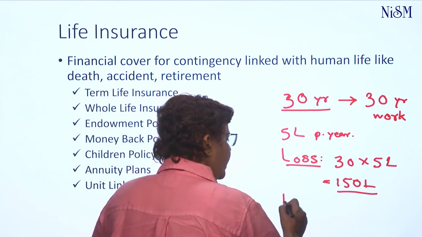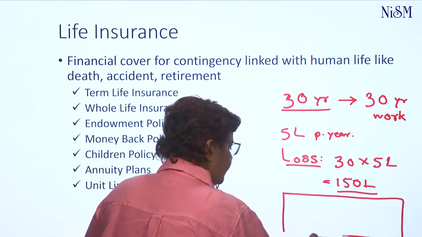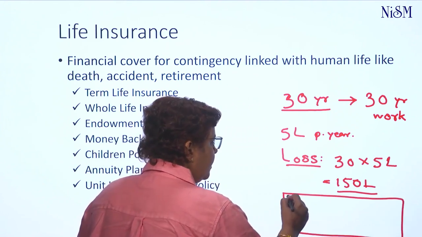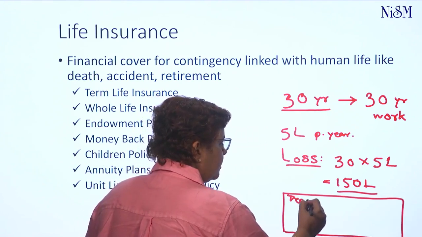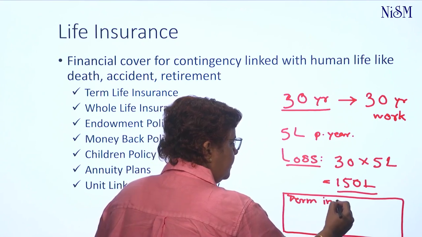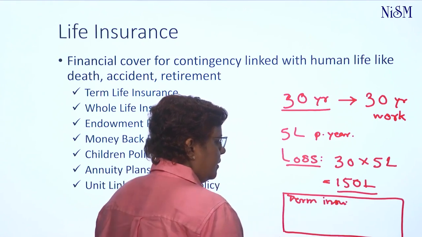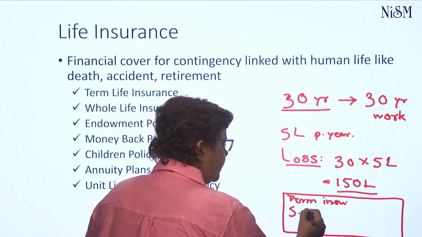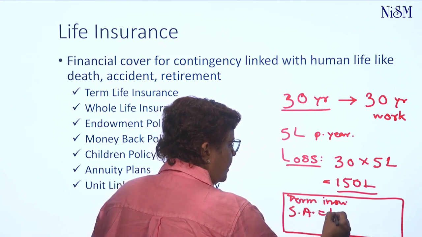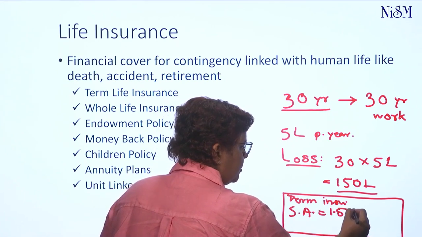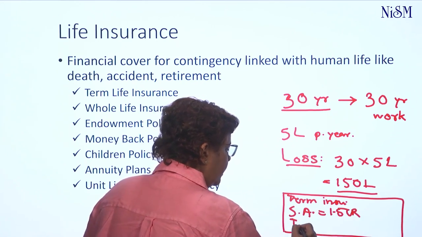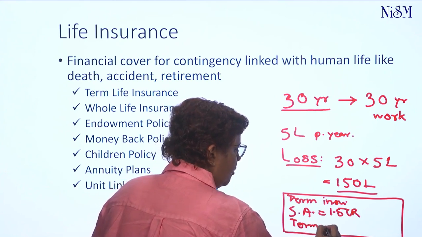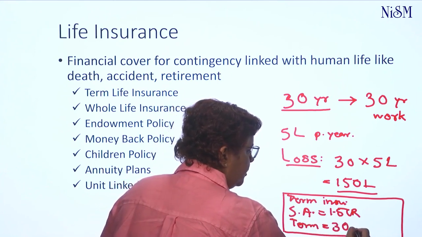He will tell the insurance company, I want a term insurance for a sum assured of 1.5 crores for the term of 30 years.